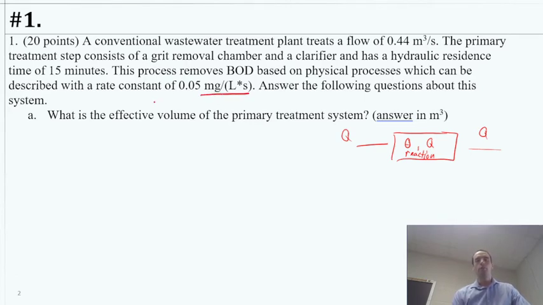It's a removal, so it's going to be a decay reaction of some sort. Then we look at the units to determine the reaction order, and we notice this is in milligrams per liter per second. So that's a concentration per time. That means it's going to be first order, or zero order, excuse me.